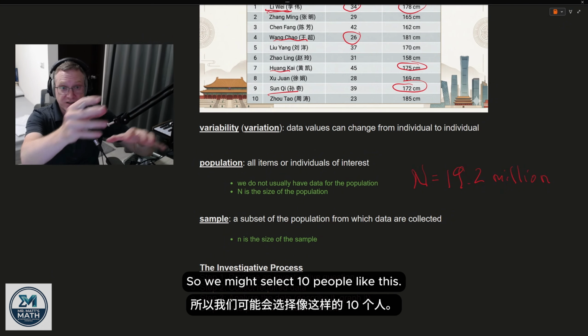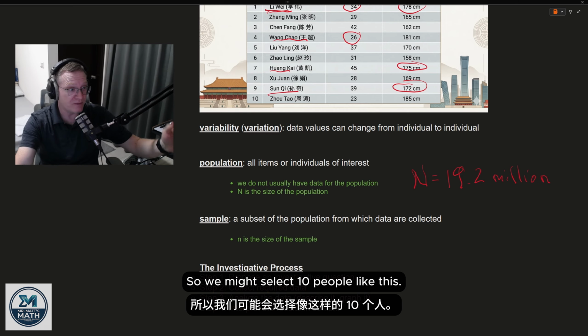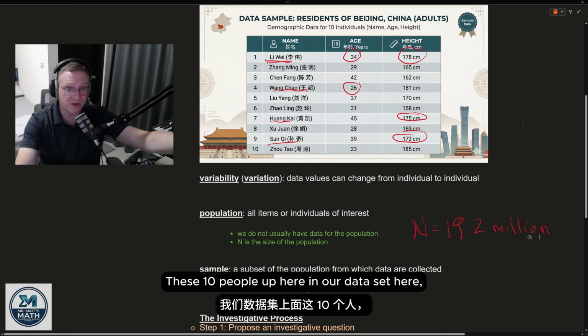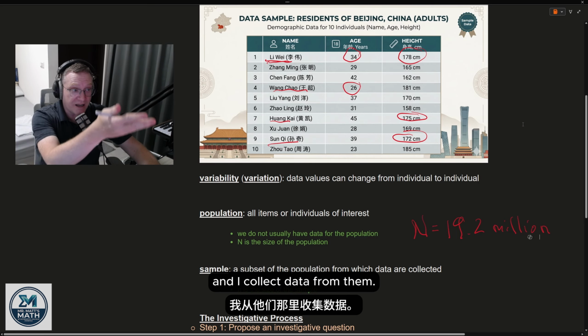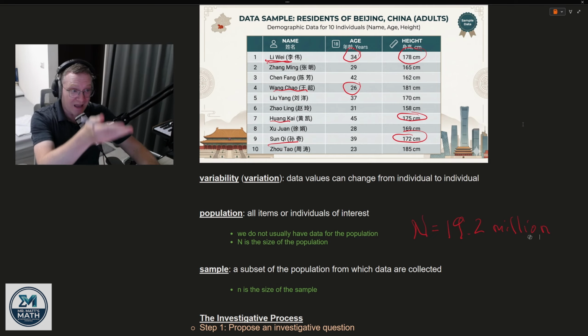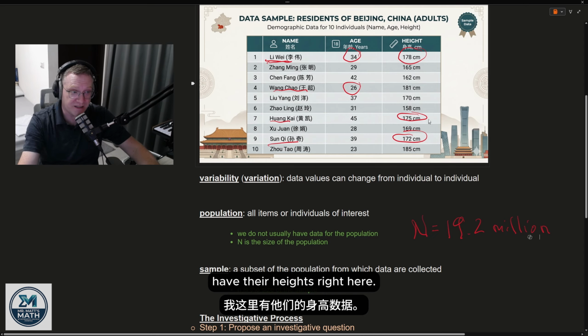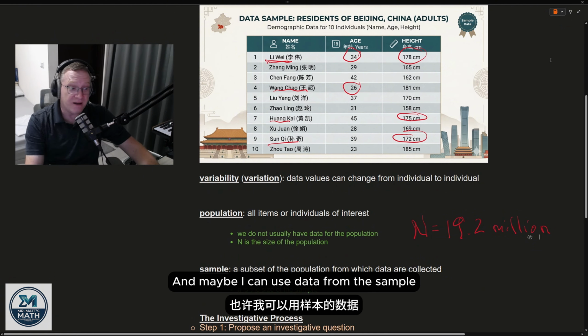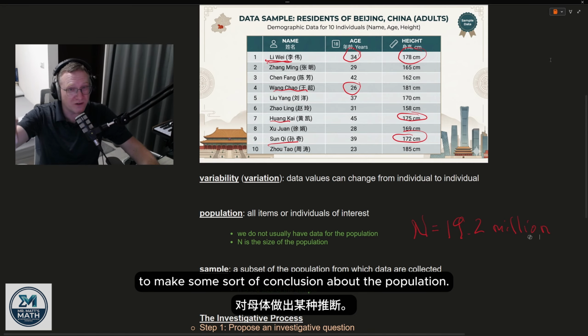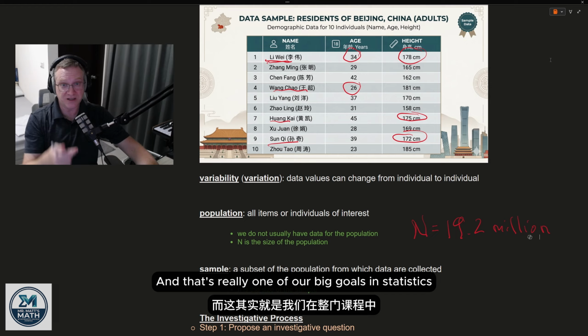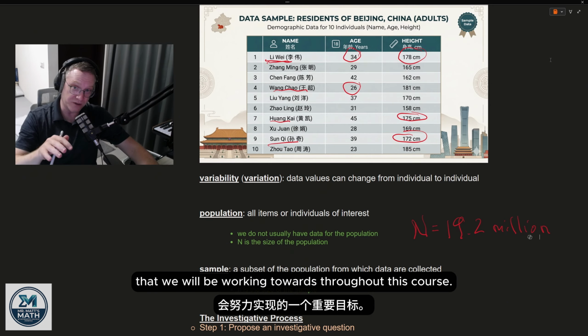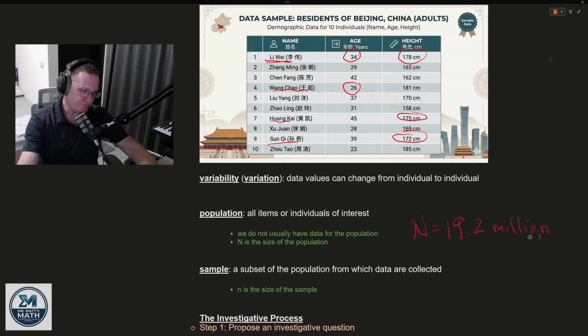So we might select 10 people, like these 10 people up here in our data set here, and I collect data from them. And these 10 people make up my sample, and I have their heights right here. And maybe I can use data from the sample to make some sort of conclusion about the population. And that's really one of our big goals in statistics that we will be working towards throughout this course.